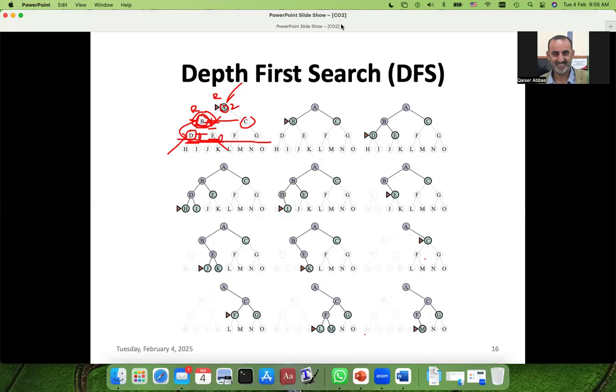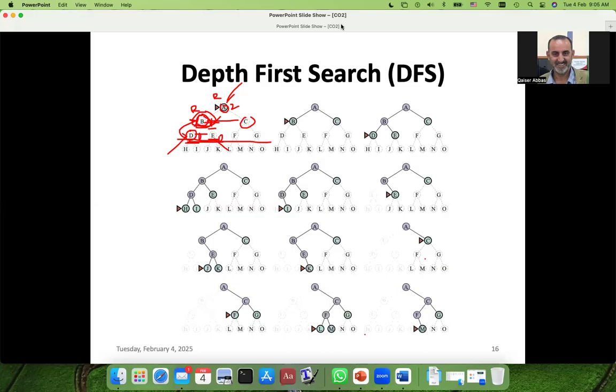That one, C. Then C. Recursive DLS, child is C. Limit is what? 2 minus 1, which is 1. So we are calling again recursive DLS with child C and the value 1.